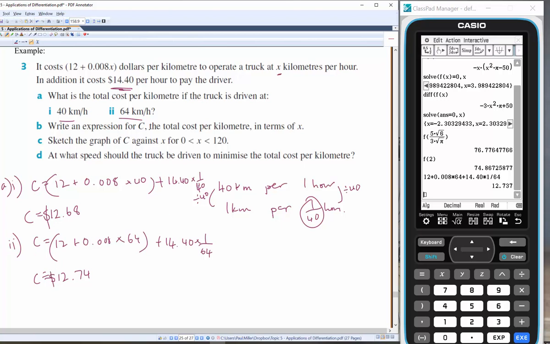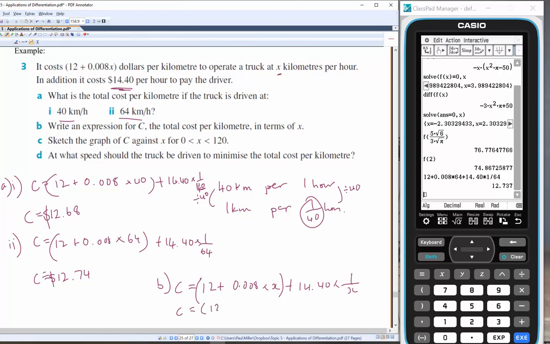Okay, write an expression for C. So let's do B. C equals cost per kilometre in terms of x. So that's going to be 12 plus 0.008 times x plus 14.40 times 1 over, and instead of the speed being known, we don't know how fast they're driving.